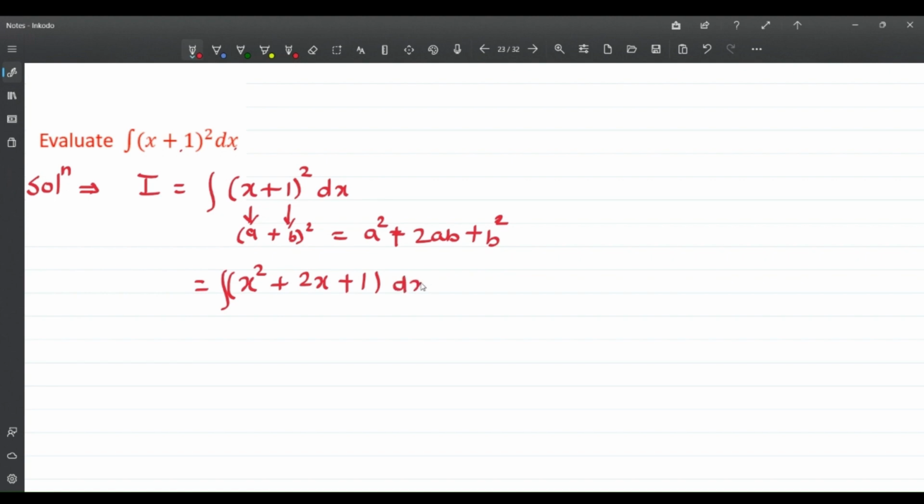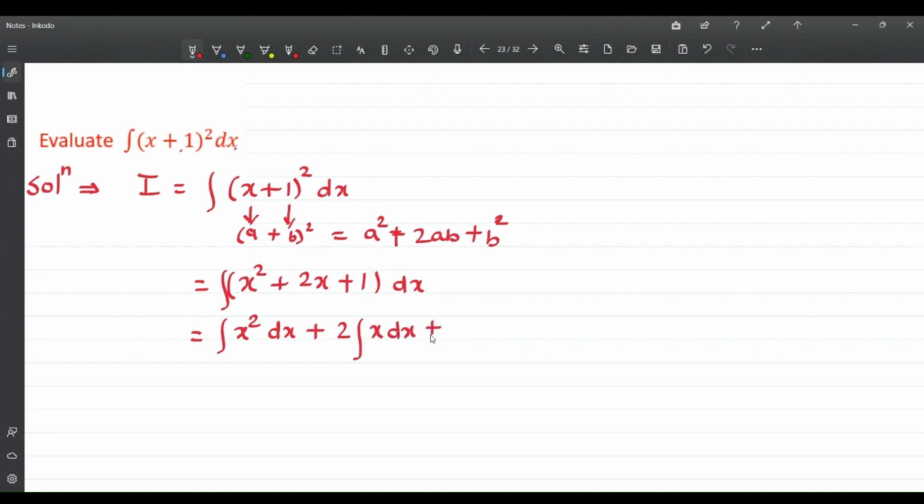So we simplify this term by using the algebraic formula. Then let us separate all three terms by taking integration and dx to each term, taking constants out of integration. The first term is x square, so we take integration x square into dx. In the second term, 2 is constant, so take it out of integration; the remaining term in integration will be x dx.